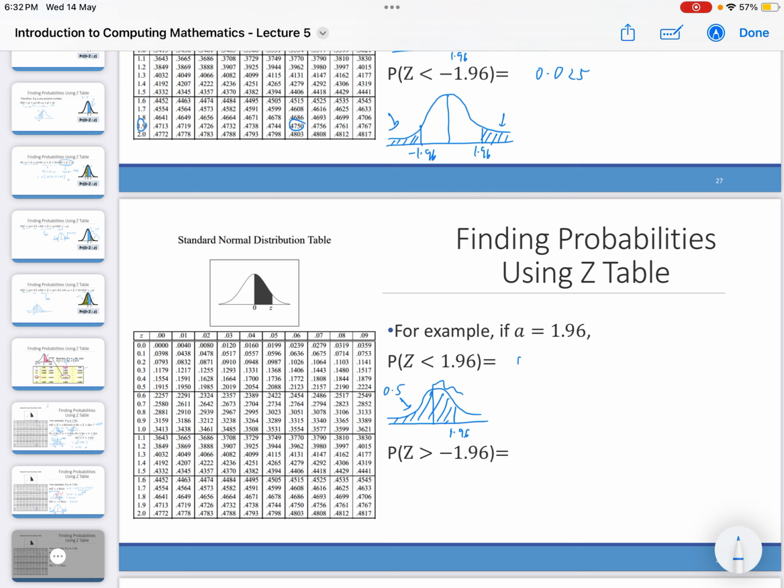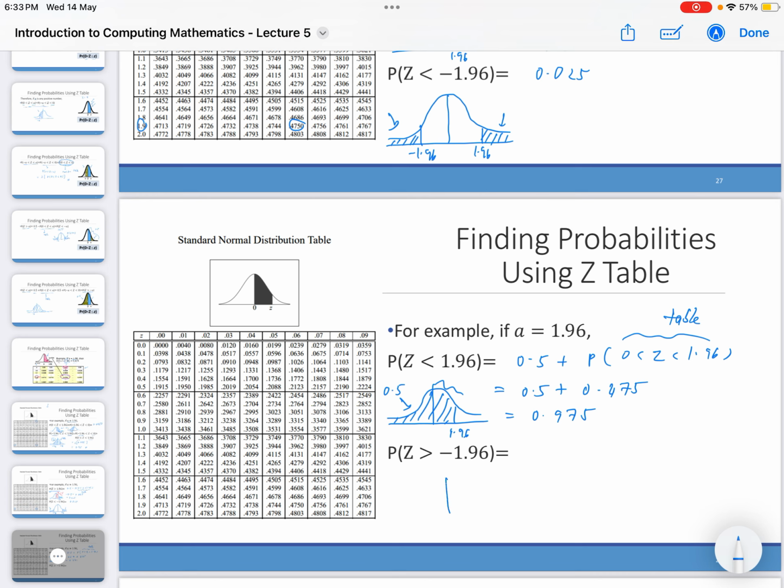So this one is equals to 0.5 plus probability of z from 0 to 1.96. So this one is from the table. So this one equals to 0.5 plus 0.475, which is equals to 0.975.